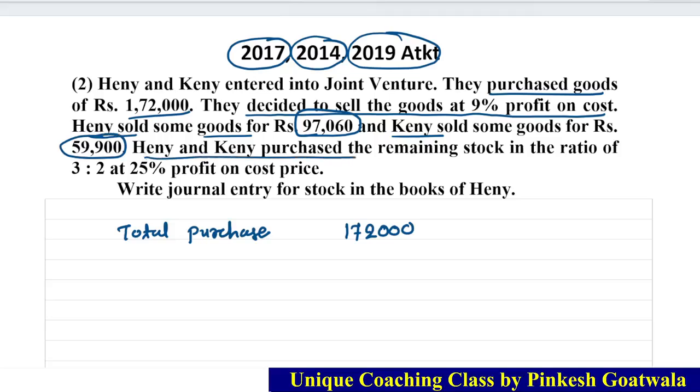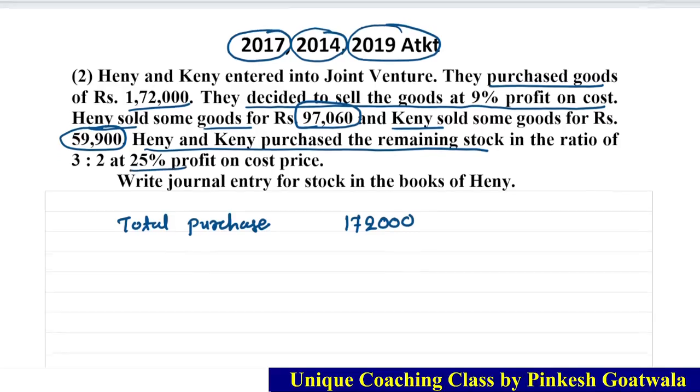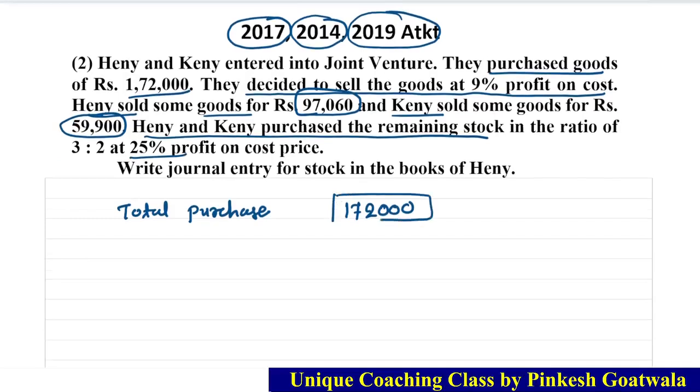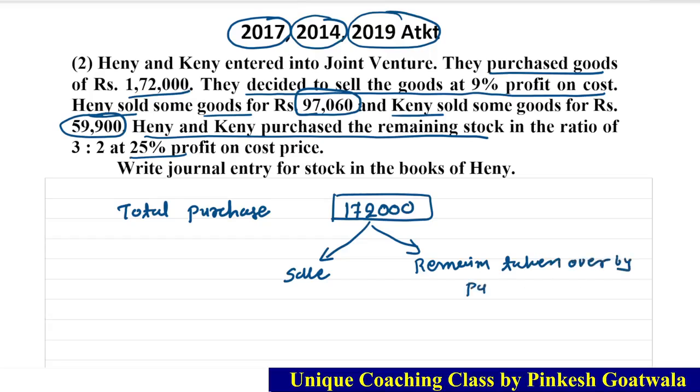And Hanny and Kenny purchased the remaining stock in the ratio of 3:2 at 25% profit on cost price. So here they have purchased this total 1,72,000. Okay, what has happened out of this? Some part has been sold and the remaining was taken over by partners. Clear, out of 172 some was sold and the remaining part was taken over by the partners, because here selling is also given. And Hanny and Kenny purchase the remaining stock in the ratio of 3:2, which means we know that at the end of the year, at the end of the business, they take over the remaining goods.